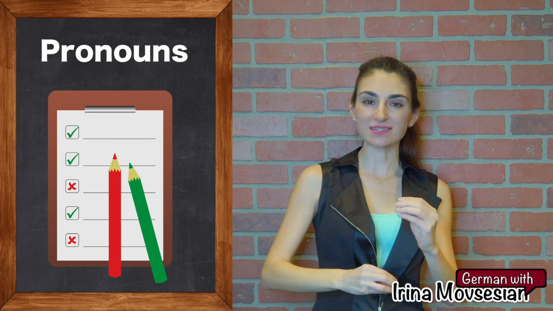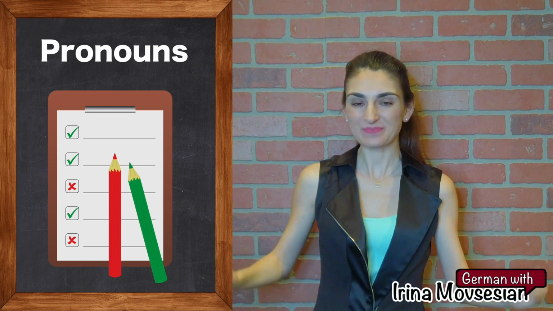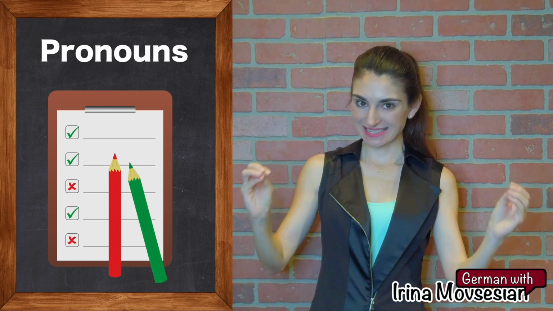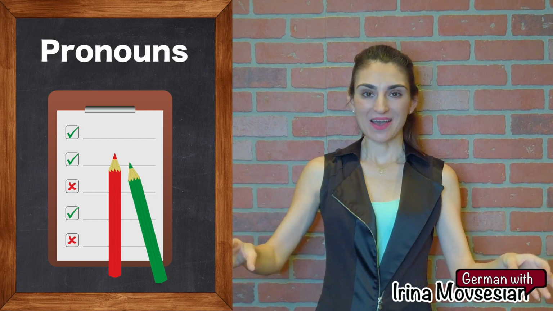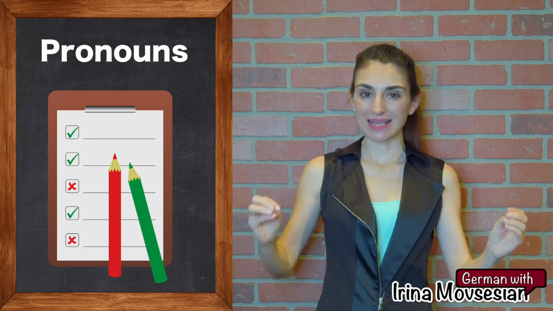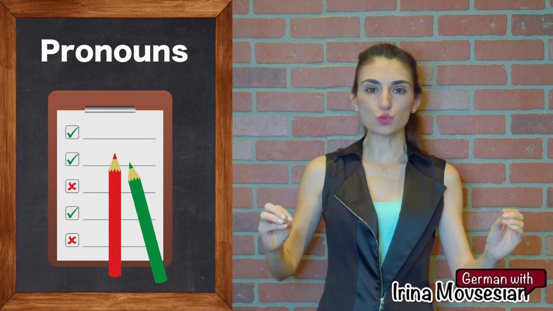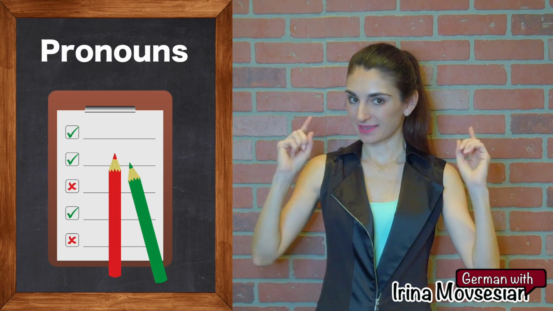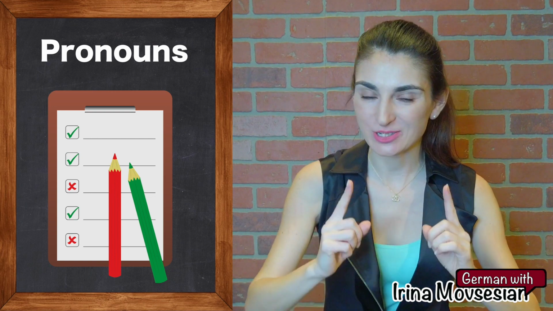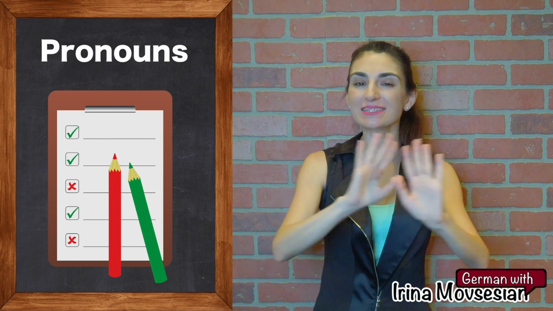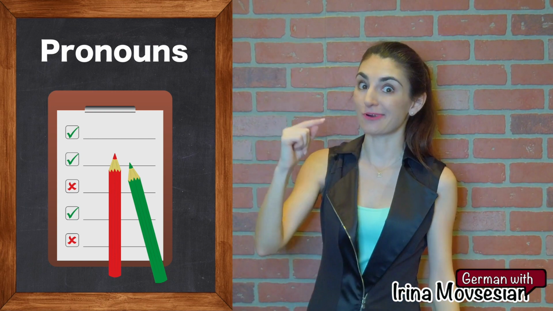Let's do it vice versa. Are you ready? Let's try it. Sie, ihr, wir, es. Sie, du, ich. Let's do it one more time. I know that to do it vice versa is a bit different than to do it in the right order.